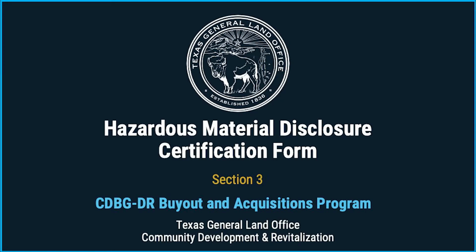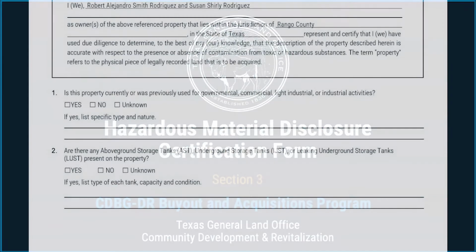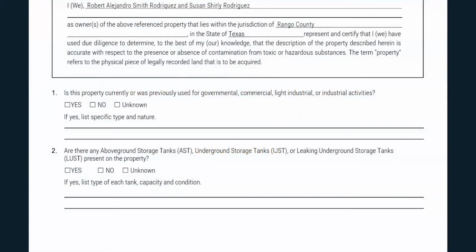Next, the applicant will answer the questions about potential hazards on the property to the best of their knowledge based off the due diligence they did to determine the answer. In number 1, the question asks, is this property currently, or was it previously, used for governmental, commercial, light industrial, or industrial activities?